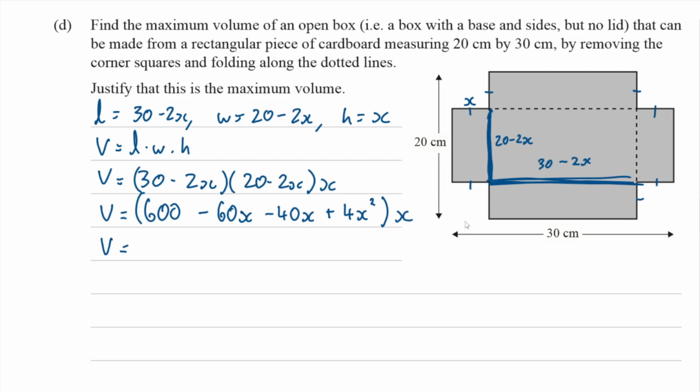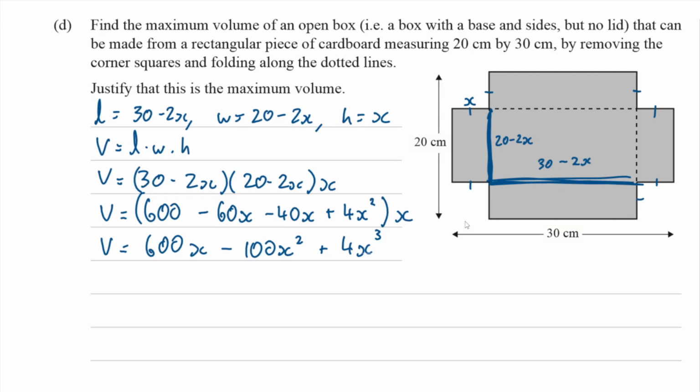So expanding that out further with the x becomes 600x minus 100x squared plus 4x cubed. So we have our relationship between volume and x.